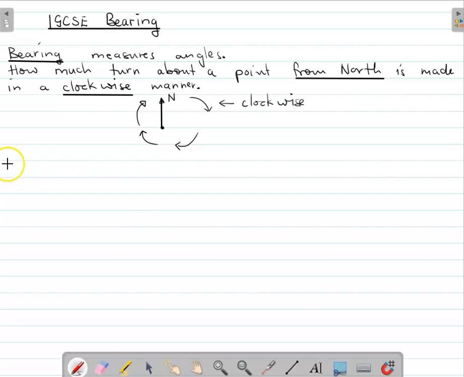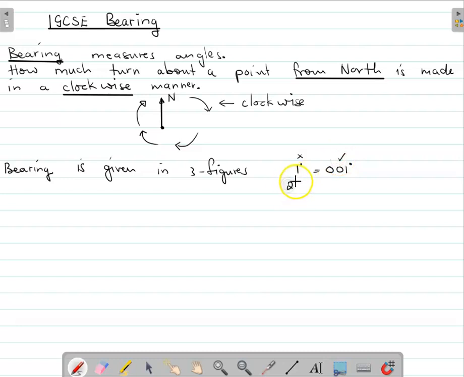The next thing you should understand is that bearing is given in 3 figures. So a bearing of 1 degree is 001 degrees. If you write 1, it is not allowed, but if you write 001, it's acceptable.